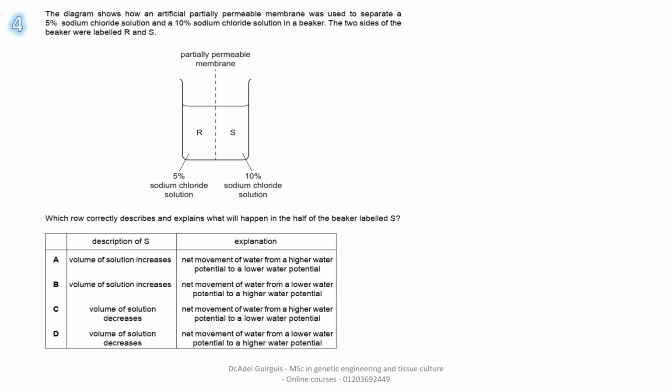They are different in concentration of solutes, so they are different in water potential. Which one has higher water potential? The one that contains less solutes, so this has high water potential, and here low water potential.